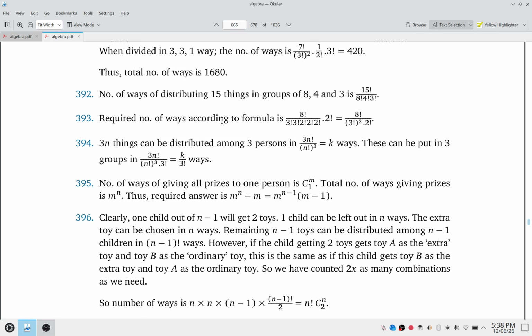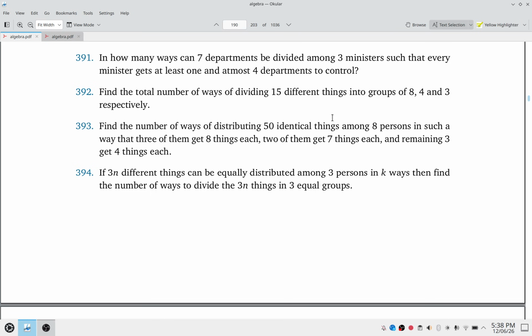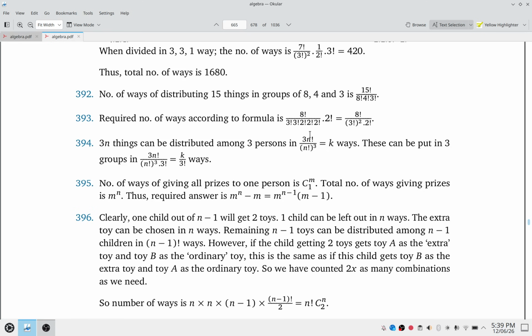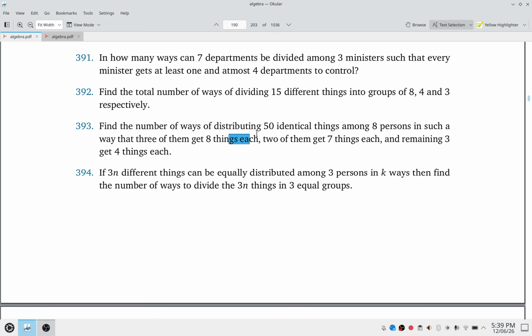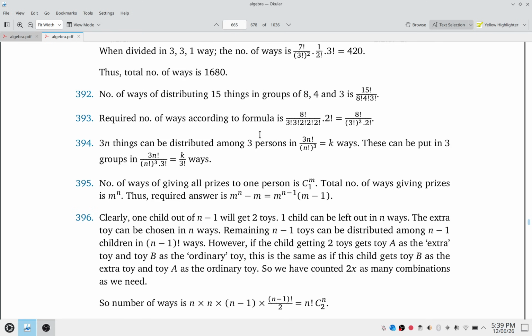So again, based on formula. 393, right? 50 identical things among 8 persons in such a way that 3 of them get 8 things, 2 of them get 7 things, and the remaining 3 get 4 things.